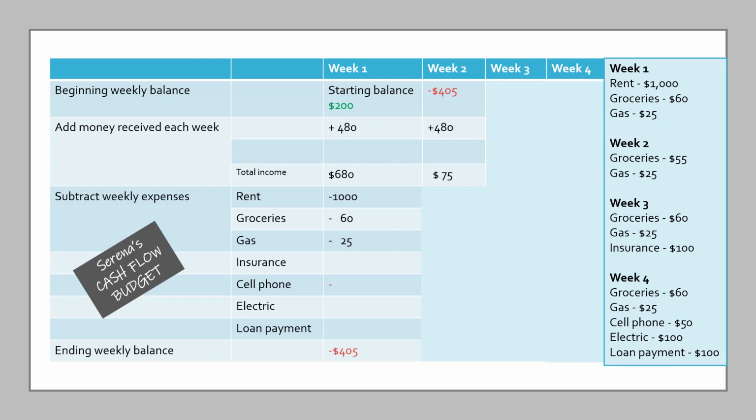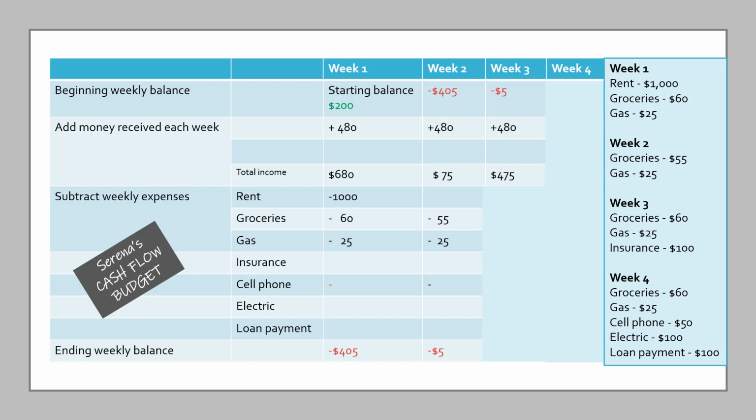So when we subtract the expenses from the income, she's short $5. Now in week 3, we add the negative $5 to the beginning balance and also add her paycheck. She has $475. She's finally out of the negative, and we are in the 3rd week of the month.